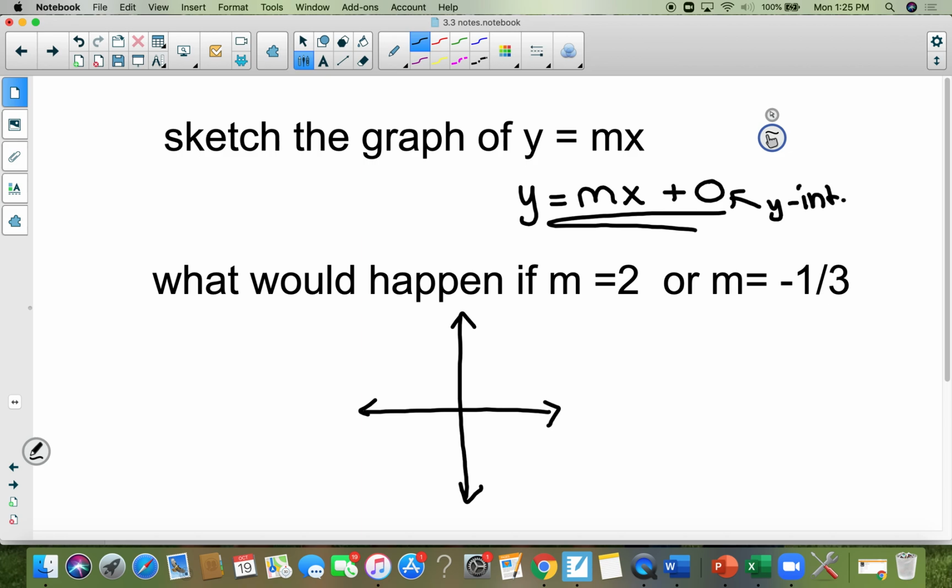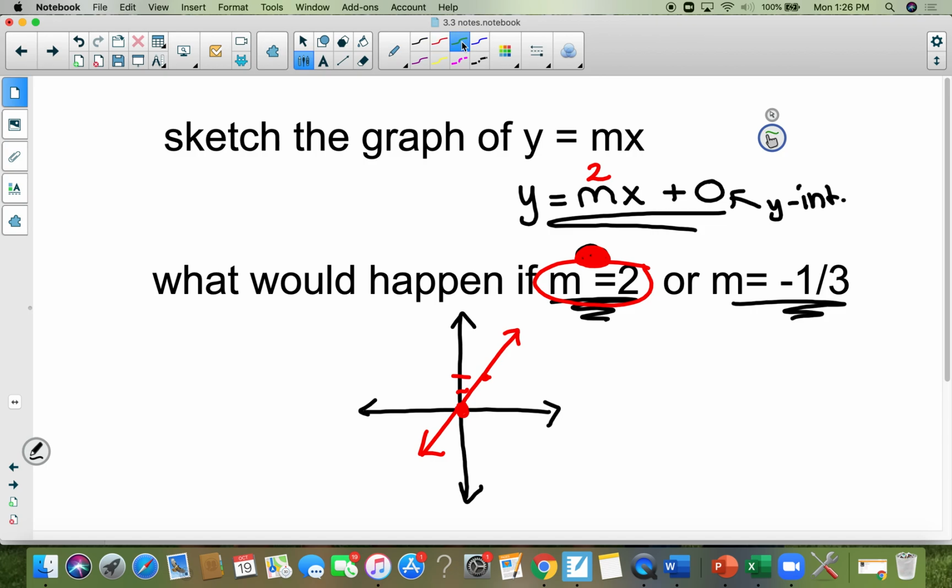And all they're doing is asking you to graph it when m is equal to 2 and m is equal to -1/3. So I'm going to use a red to graph when m equals 2. So in place of m, I'm going to put a 2. My y-intercept is 0, and I'm going to go up 2 and over 1. So that is the graph if m equals 2.